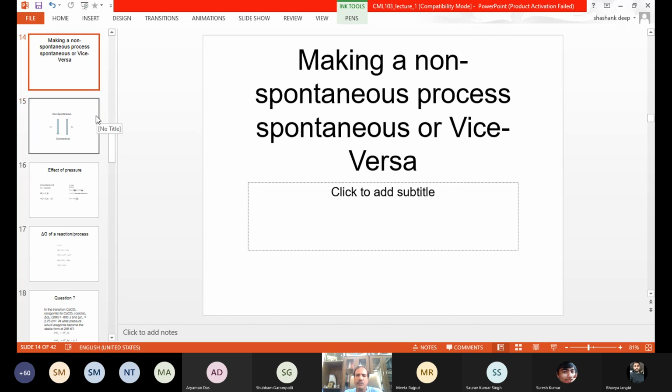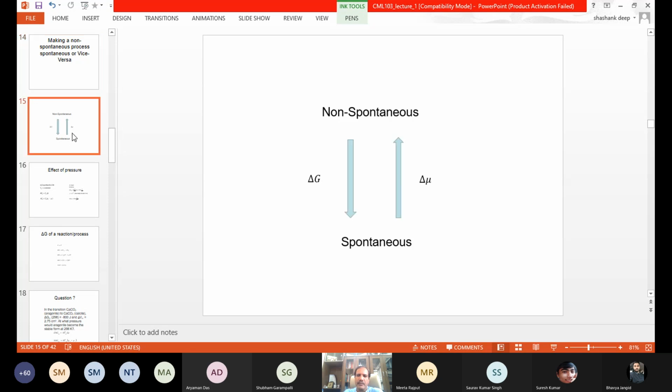One of the most important applications of thermodynamics is making a non-spontaneous process spontaneous or vice versa. As we know, whether a process is spontaneous or non-spontaneous depends on the delta G value. If delta G is less than 0, it is spontaneous.